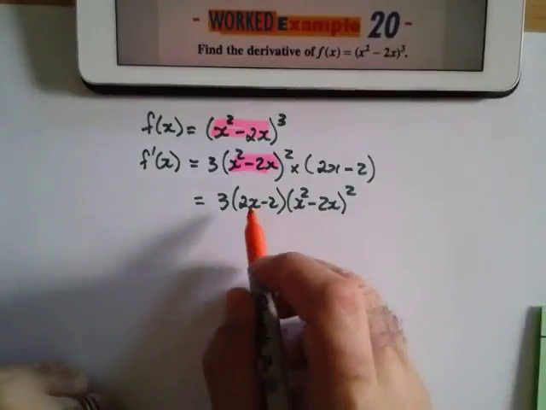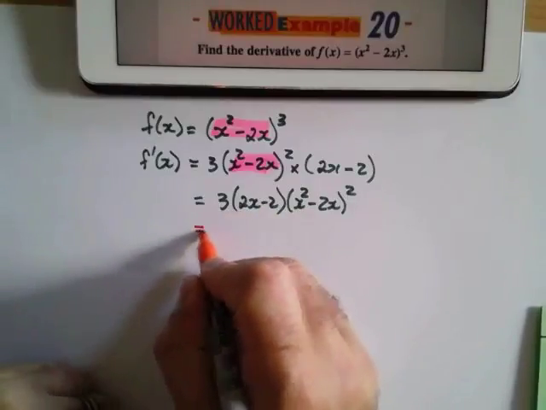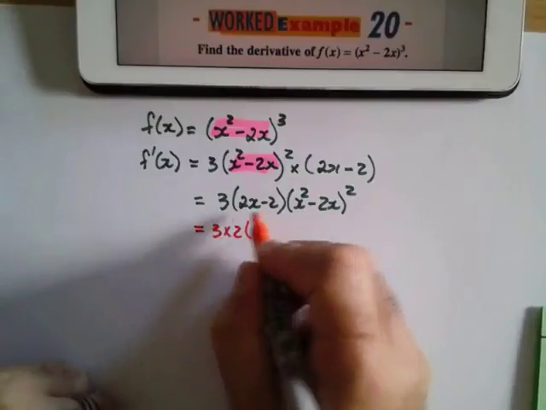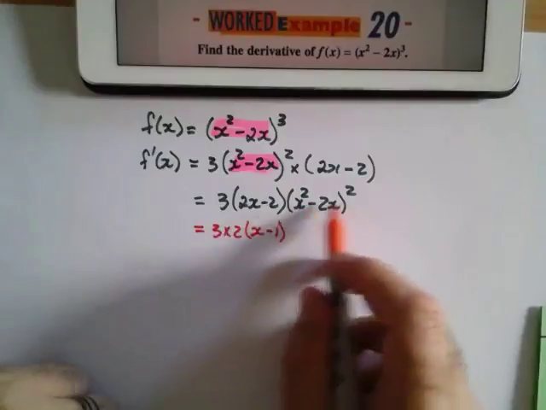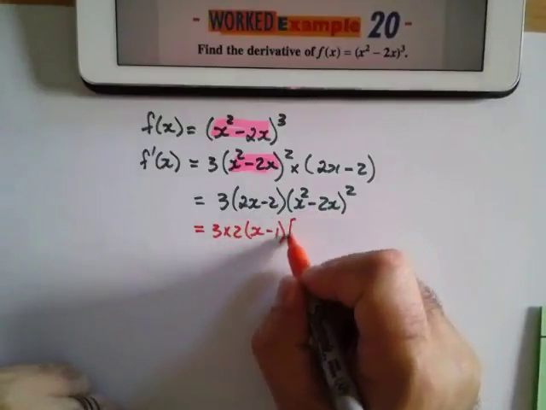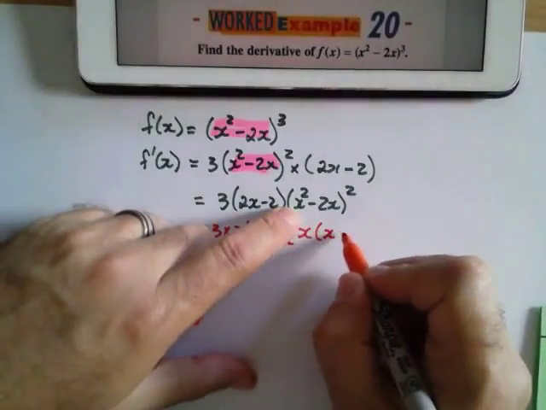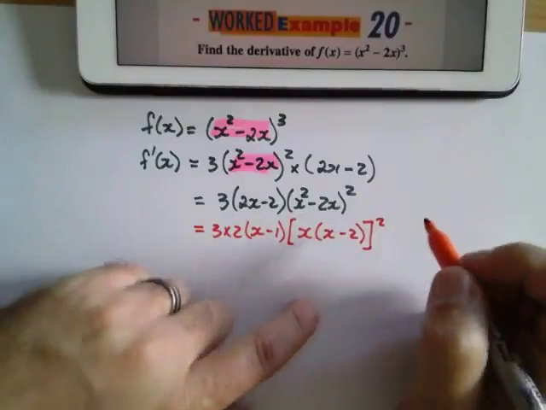Okay, so all that you can do now is take out 2 as a common factor over here. If I take out 2 as a common factor, you'll have 3 times 2, and I'm left with x minus 1. In here, I will take out an x as a common factor, and I'll remain with x minus 2, and that is still everything squared.